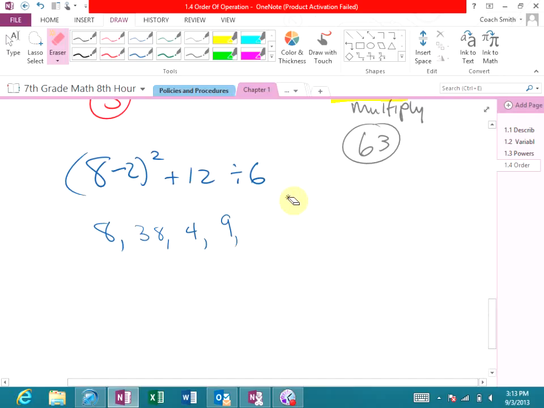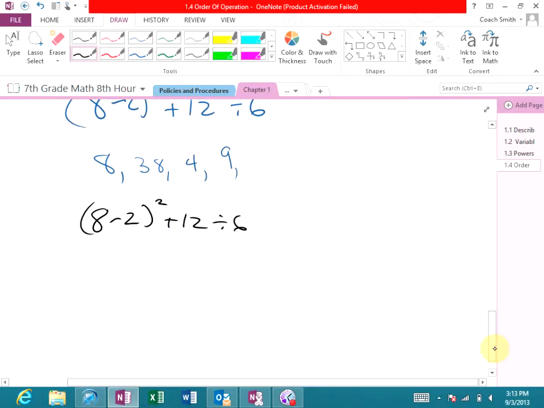All right, let's look at it inside. All right, so we have 8 minus 2 in parentheses, squared, plus 12 divided by 6. Okay, first thing we have to do is the 8 minus 2. Okay, the 8 minus 2 is 6. So we rewrite the problem: 6 to the second power plus 12 divided by 6. Now the next thing we have to do is the exponent, which means 6 times 6.